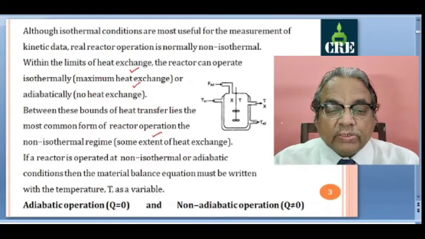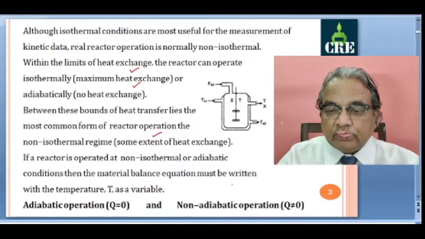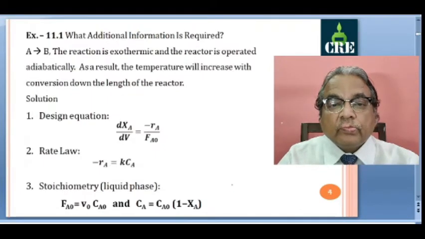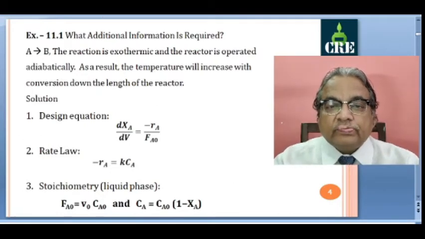So in adiabatic operation, we are neither supplying the heat nor removing the heat, and here there are both possibilities, so Q not equal to 0. So we'll see both adiabatic and non-adiabatic operations.